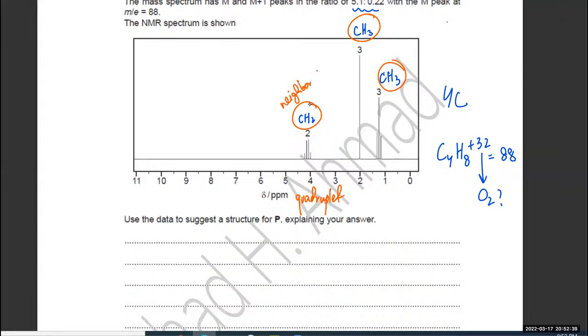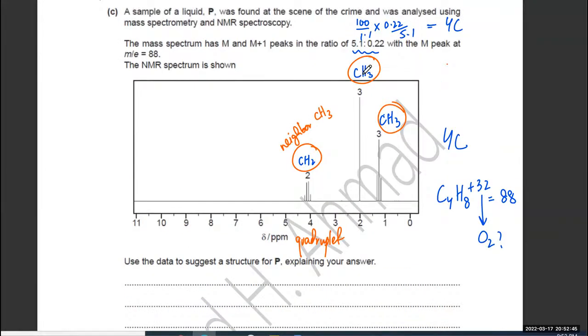So the neighbor is probably going to be CH3, right? I said this one has no splitting. So how many hydrogens on the neighboring carbon atom? No hydrogens, because of N+1. If the neighbor has 0 hydrogens, you'll have 1 peak.